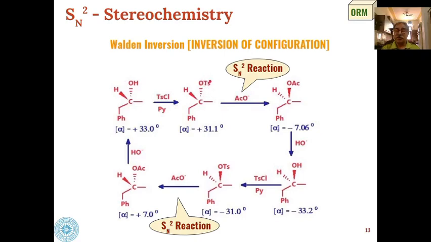So H from here and Cl from here, HCl will be removed. We will get tosylates of this alcohol.